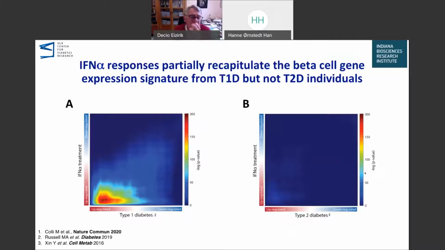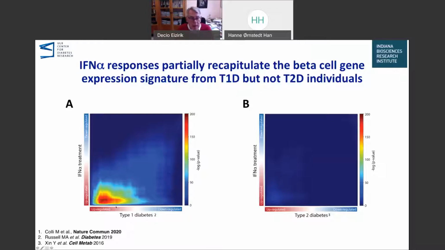One thing that is important when you are using this in vitro model is to see if it indeed recapitulates the gene signatures that are present in patients with type 1. And this turned out to be correct, so we were fortunate to get access to databases of RNA sequencing of FACS-purified beta cells from 4 type 1 patients as compared to 12 controls.